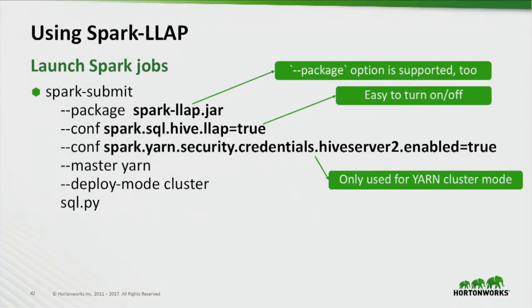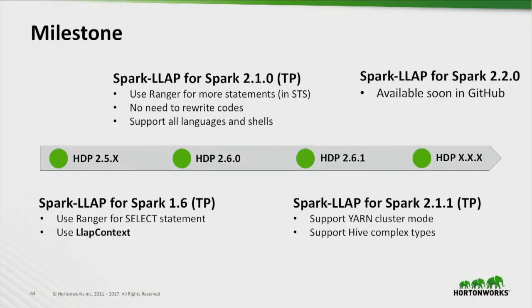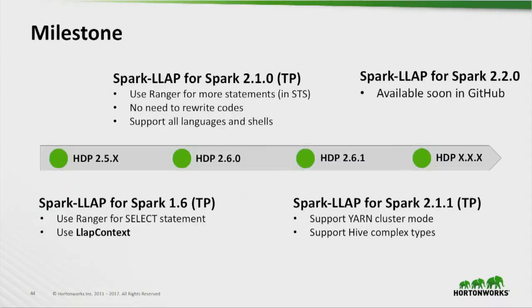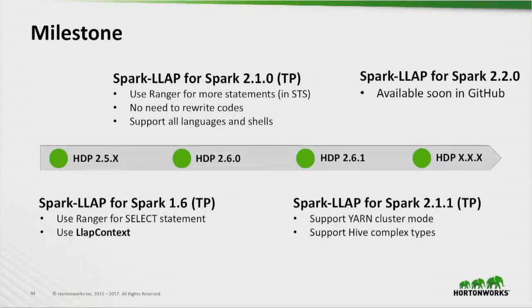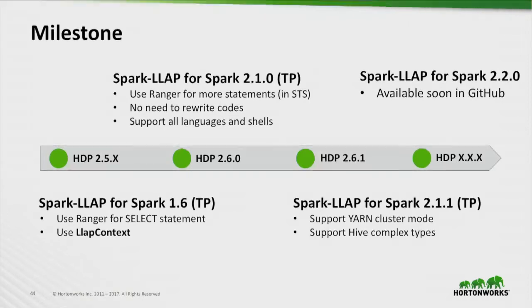Spark is GA, but Spark LLAP is a technical preview. Hive on LLAP was announced as GA, I believe. However, the Spark and LLAP solution for Spark SQL is what's in tech preview.